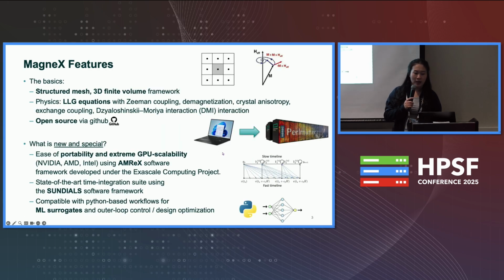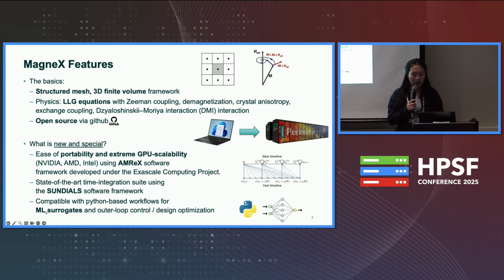So we built the MagNex solver with the following features. It's, of course, based on AMReX. That's how we get all the nice structured mesh, 3D finite volume framework, and portability and extreme GPU scalability. We also have the SUNDIALS time integration suite implemented into MagNex so that we can have a multi-fidelity selection: if we would like our simulation to be faster or more accurate, then we can select different orders of SUNDIALS integrator.